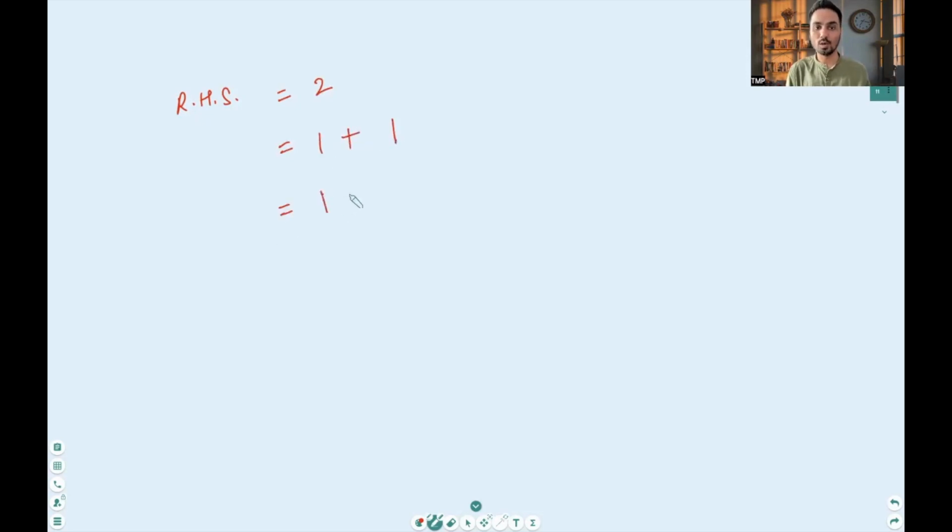And it can be written as 1 plus, and replacing this 1 with tan A plus tan B plus tan A tan B, as we got the value of tan A plus tan B plus tan A tan B equals 1 in the previous step.